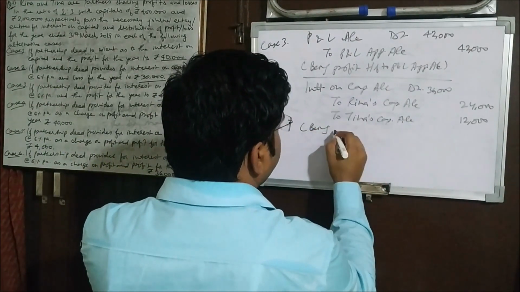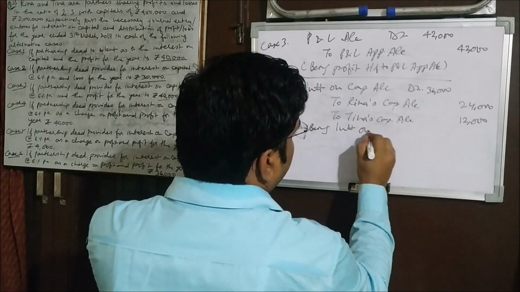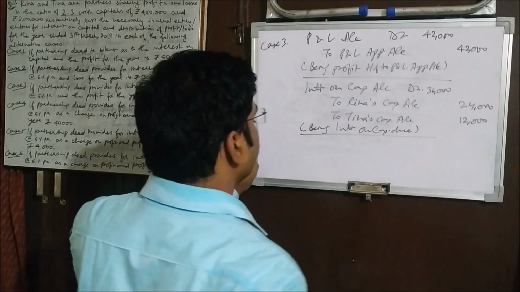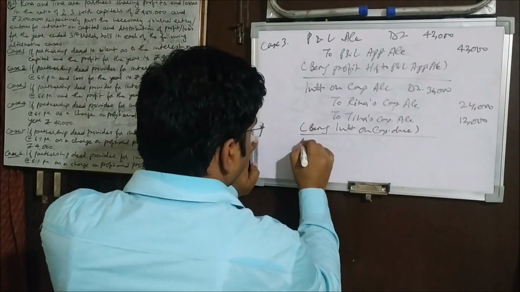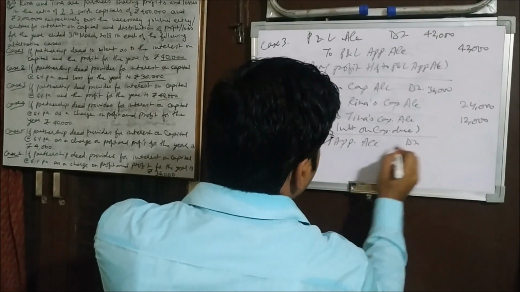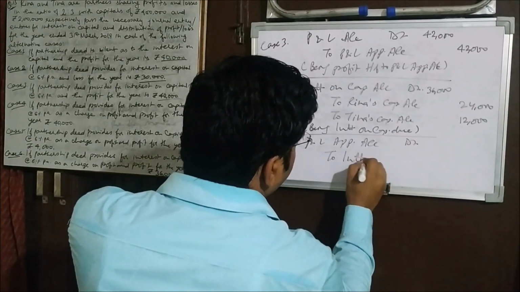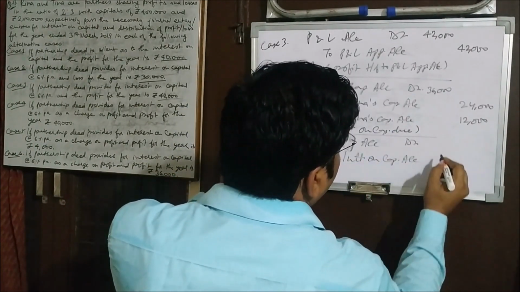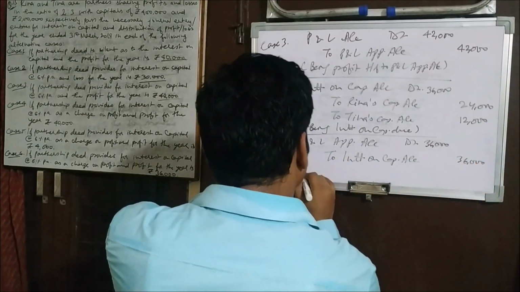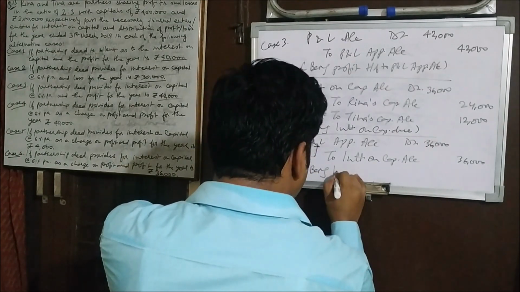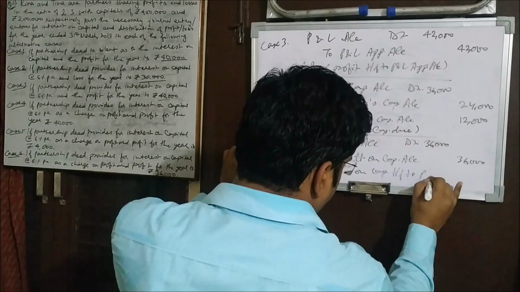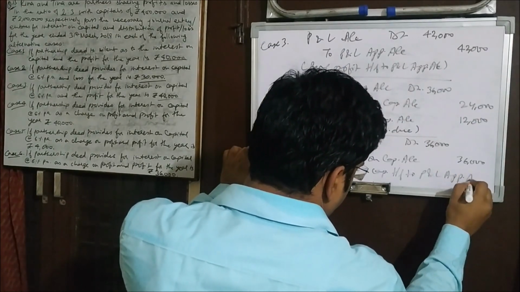So we mark another entry, being interest on capital due. This is the entry of making it due. Now we transfer that. The entry is profit and loss appropriation account debit to interest on capital account, 36,000, being interest on capital transferred to profit and loss appropriation account.